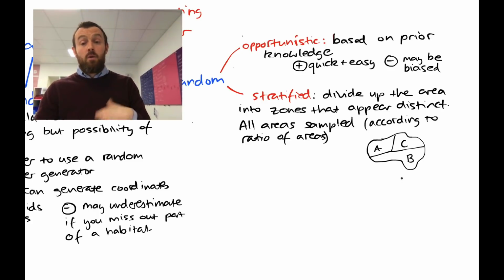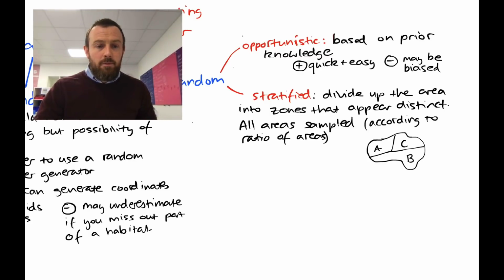But then it asked you, what type of sampling would you use? Answer, stratified. And how would you do it? And you had to do some maths to calculate the ratio of areas and say how you would work out the number of quadrats to do.